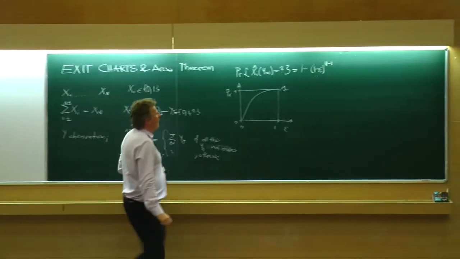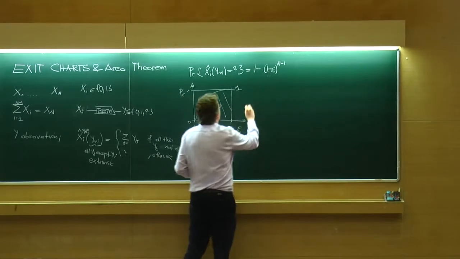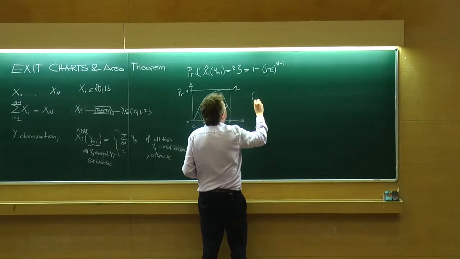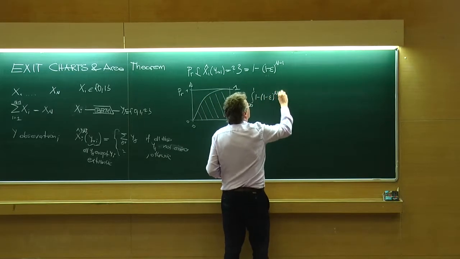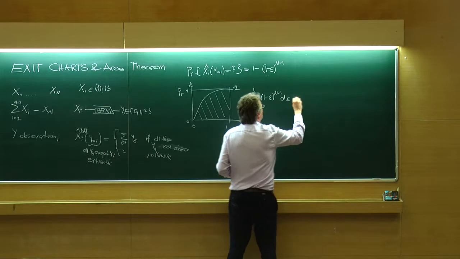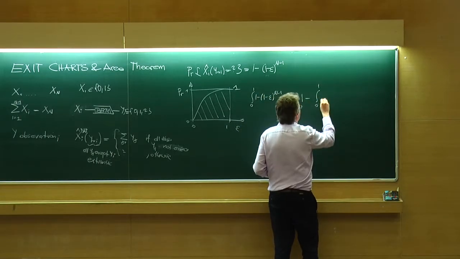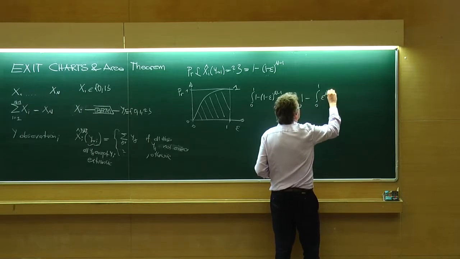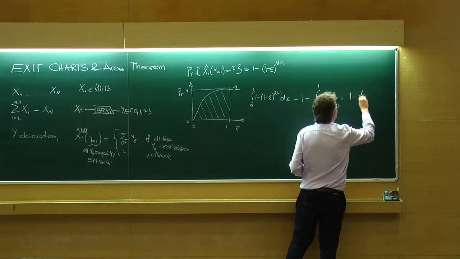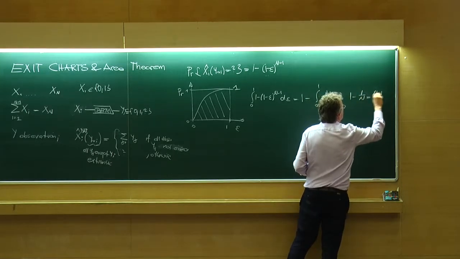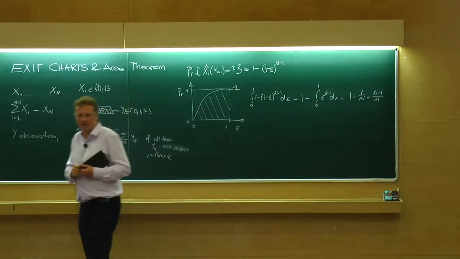Okay, so now let's do the following. Let's compute this. So what is the integral from 0 to 1? Right, so that's of course 1 minus epsilon, and epsilon doesn't matter. If you just do the computation, I get n-1 over n.